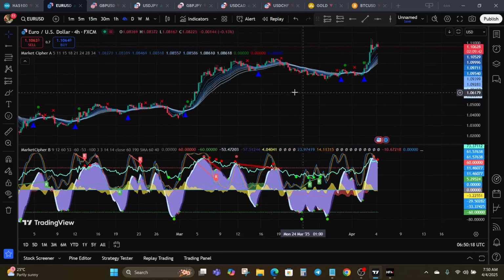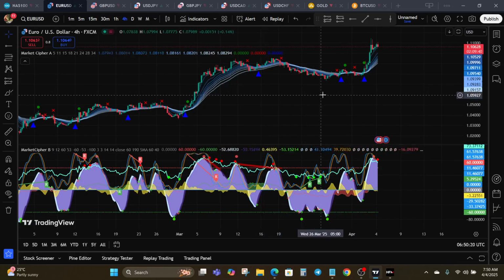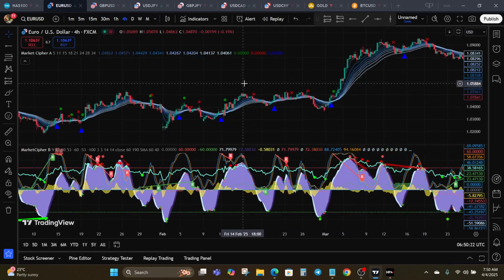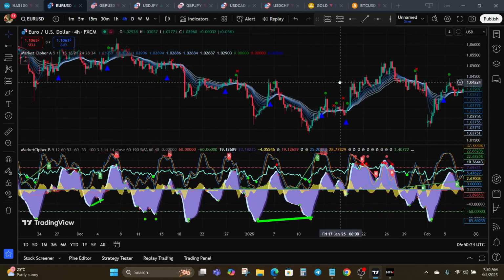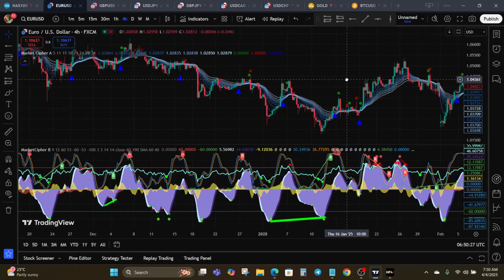So the indicator generally tries to give the trader insights concerning potential trend shifts. It gives you a visual clue when the market might be about to flip or continue.